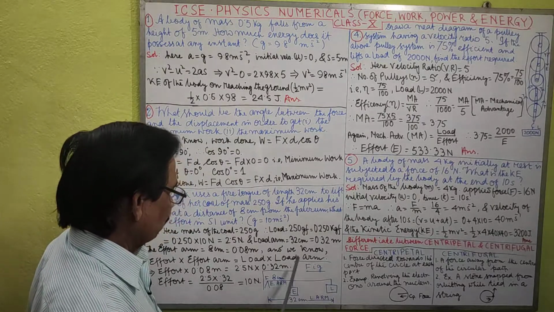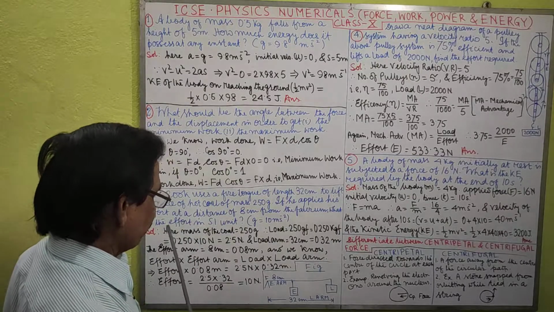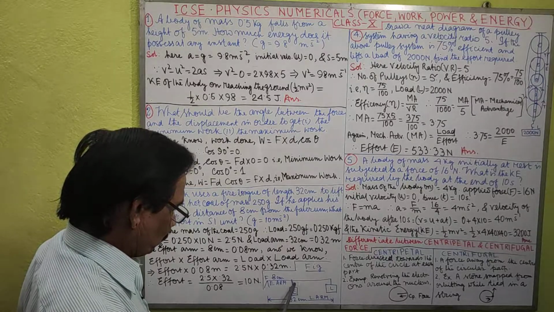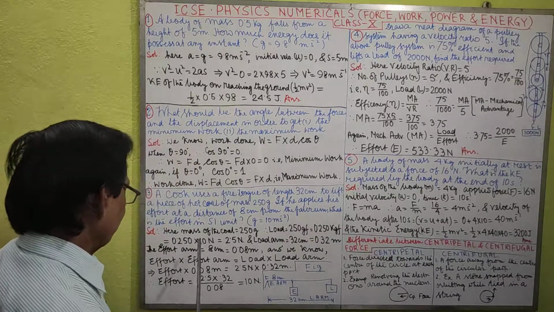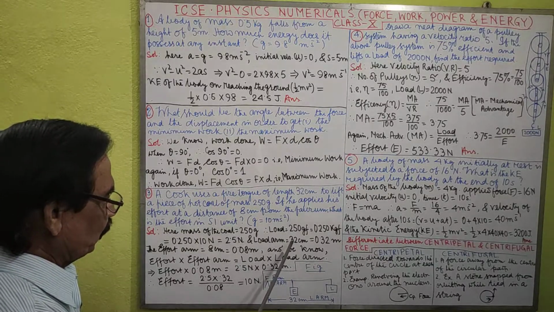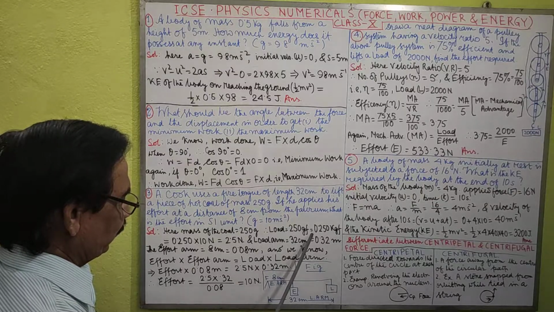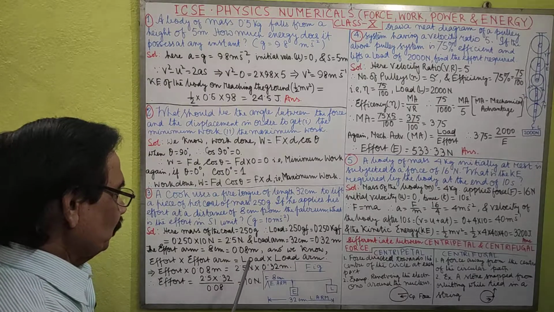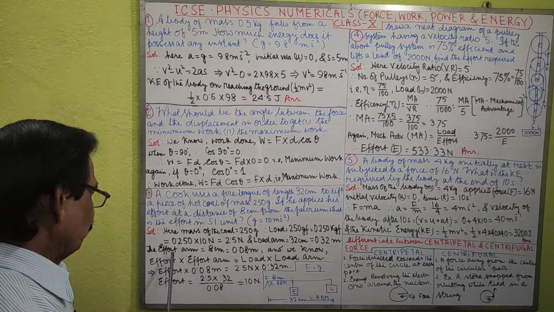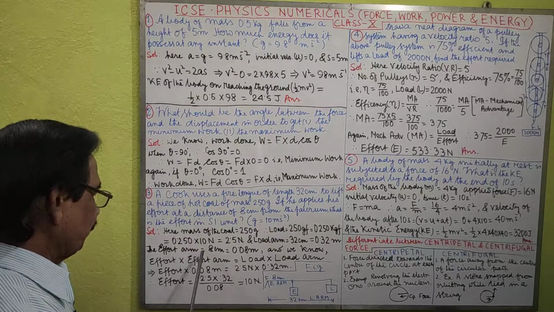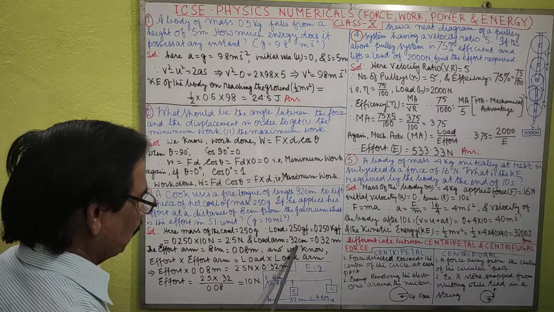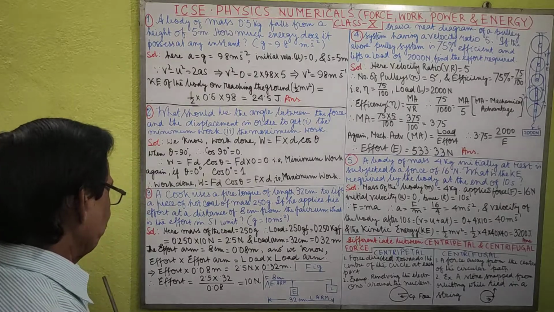So in the tongue which the cook uses, the fulcrum is here, and he applies force at E, effort. Given that mass of the coal equal to 250 gram, therefore load equal to 250 gf, that is in kilogram equal to 0.250 kgf, which equals 2.5 Newton, and load arm is 32 centimeter, that is 0.32 meter.